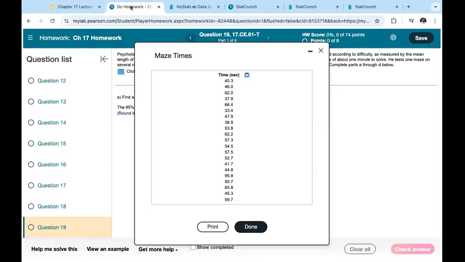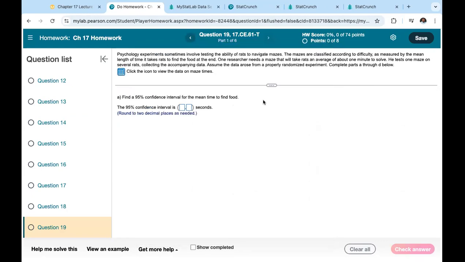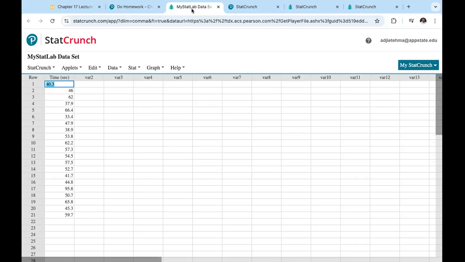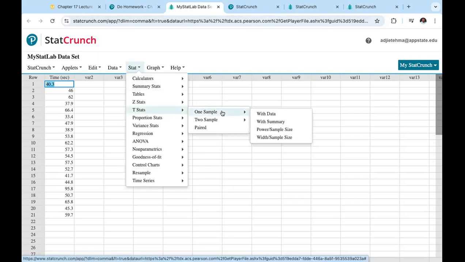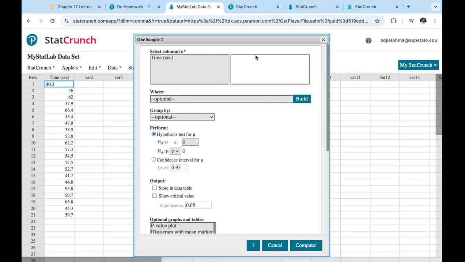We are interested in the what? 95% confidence interval. So we go to stats, T stats, one sample with data. Is that okay? Stats, T stats, one sample with data. Okay. And then there you go.